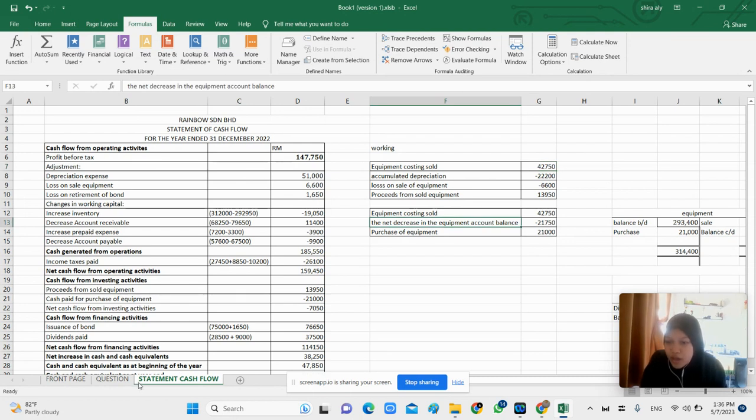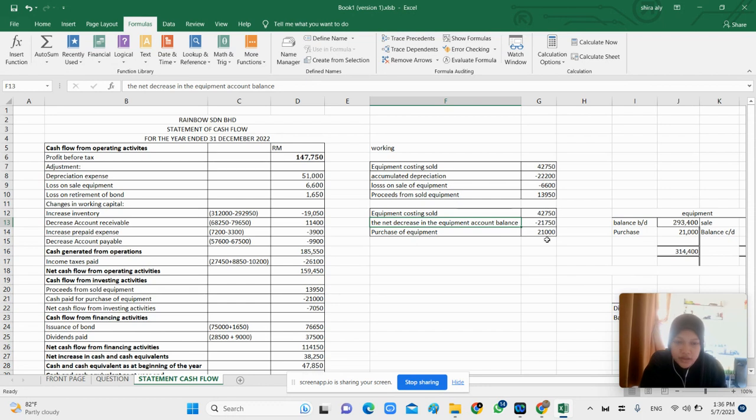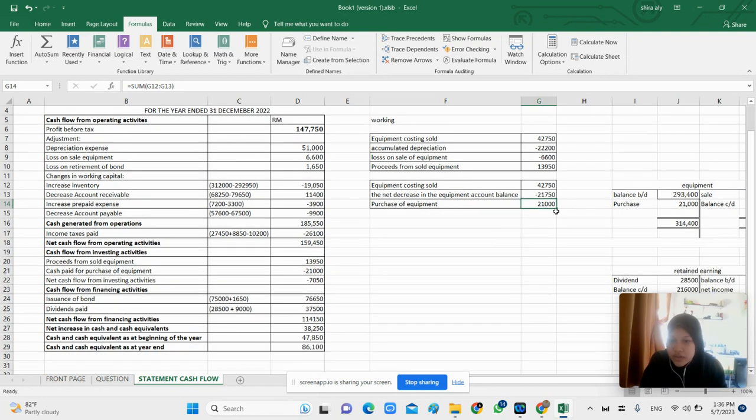So here we get from the financial position, equipment. After we find the changes here, we get a decrease. So when we get a decrease, we have to minus, and then after we total up this, we will get a purchase of equipment. After that, we will put it in cash paid for purchase of equipment.